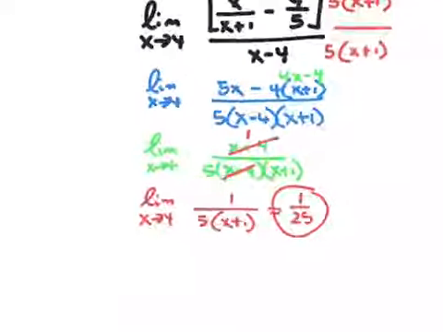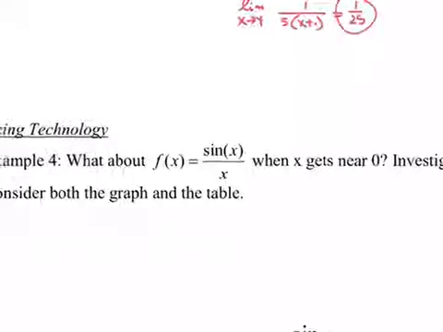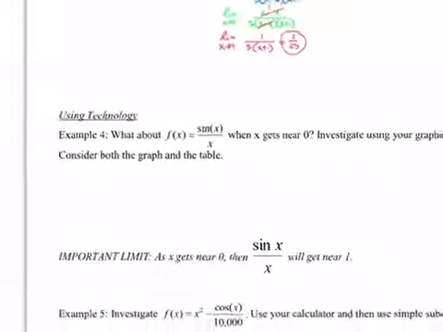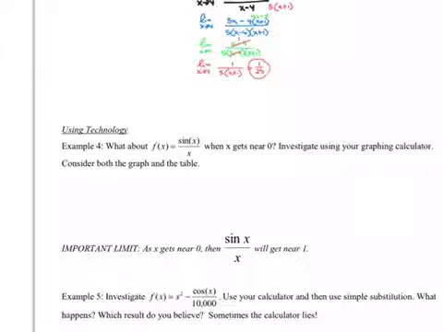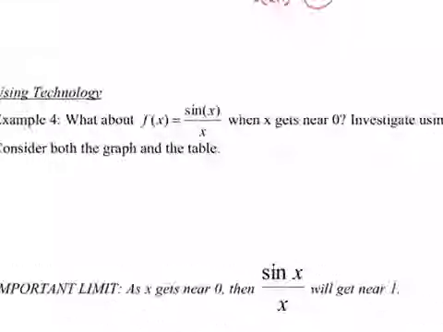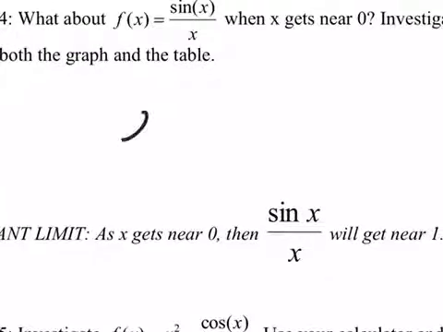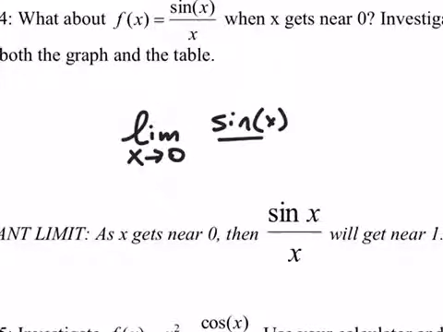Okay, let's keep moving. The last thing I want to talk about, and I'm not going to use any technology right now because I don't have that capability, is that this is a limit you just need to memorize. This limit shows up many, many times. The limit as x approaches 0 of sine of x over x equals 1. That's something you need to memorize.